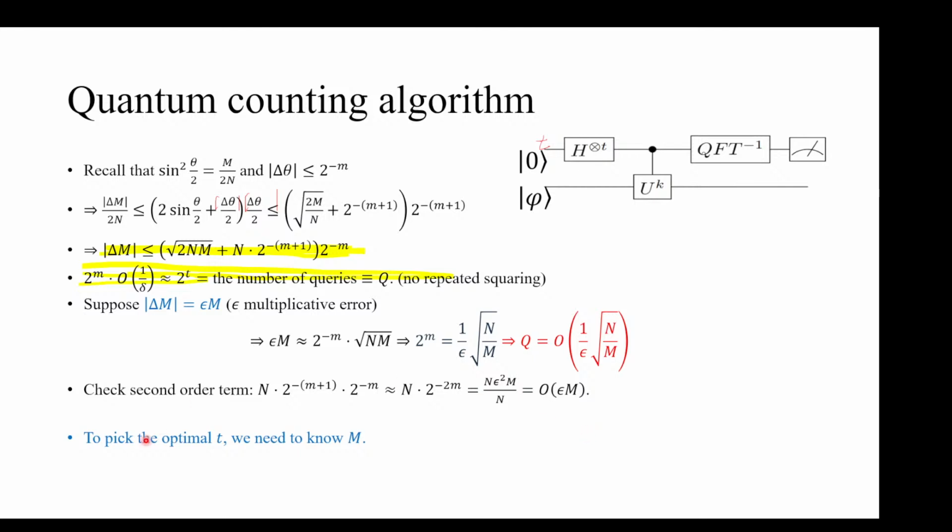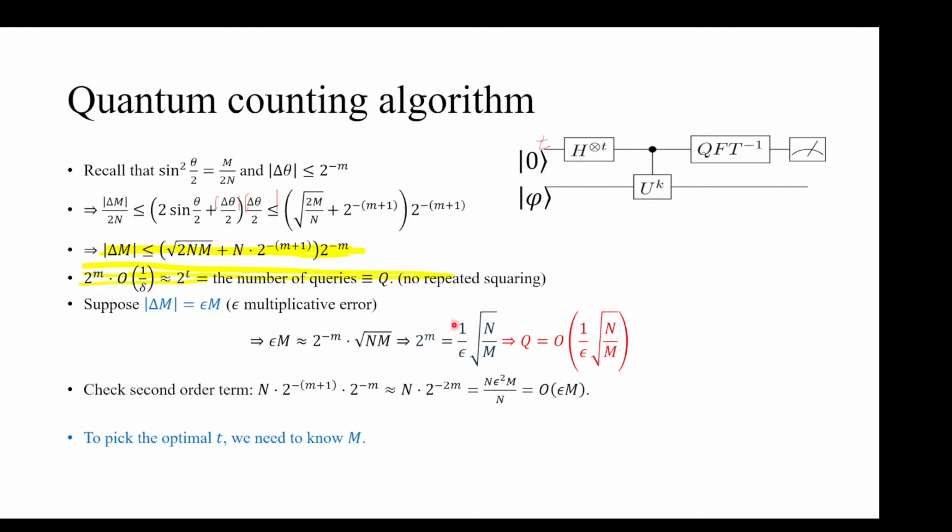So this quantum counting algorithm kind of does what we want to do. We use this number of queries to estimate m to epsilon error. But this is once again funny, because to do this you need to pick the t, or pick the m you want, exactly. You need to have enough precision t to get this m.